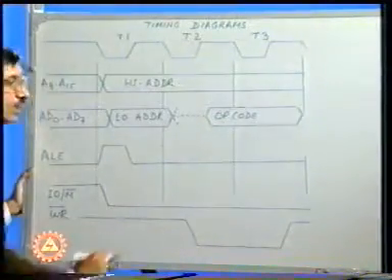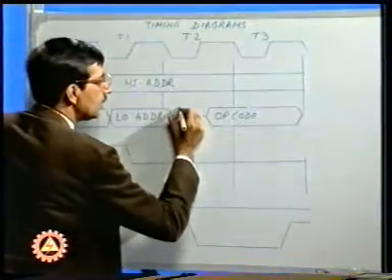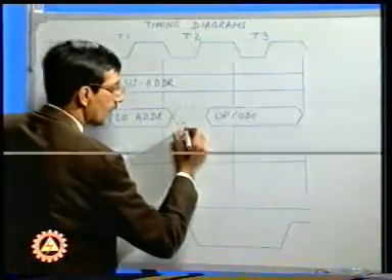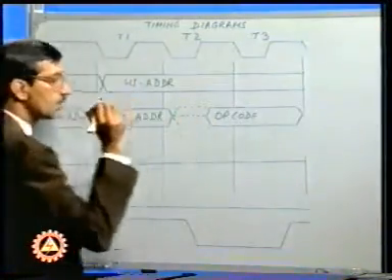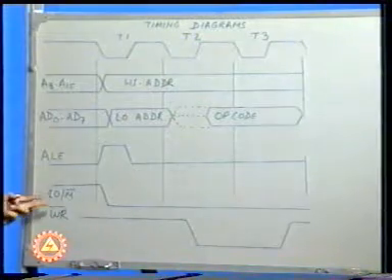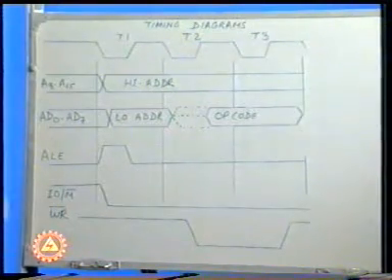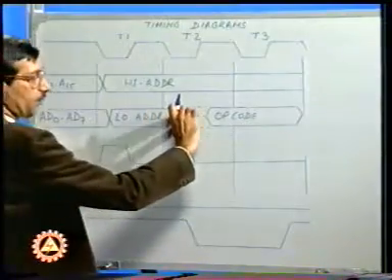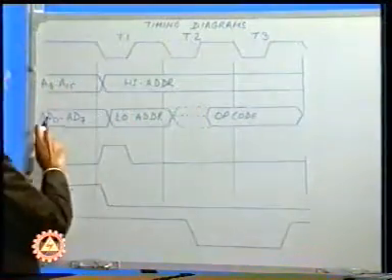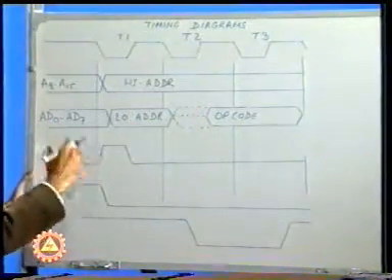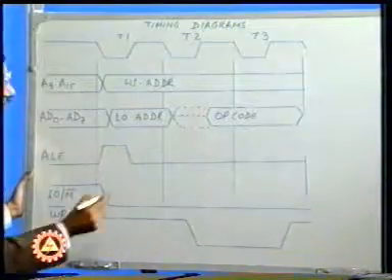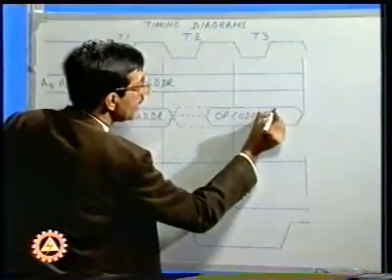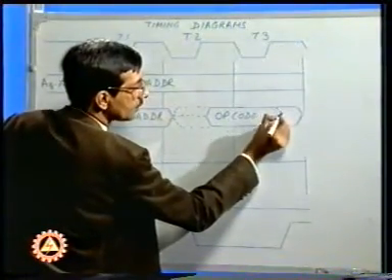Once the WR bar signal goes low, the memory chip to which this control signal is connected, which has been generated, of course, by using IO/M bar and WR bar signal, becomes active, and the data which is available on AD0 to AD7 is copied onto the memory location.